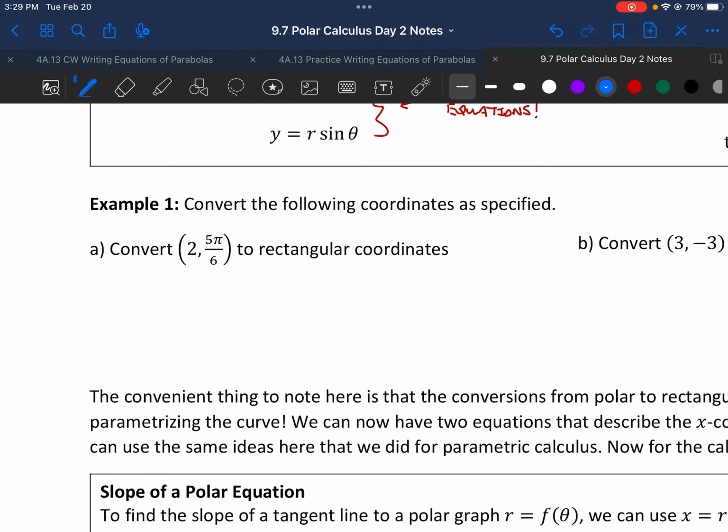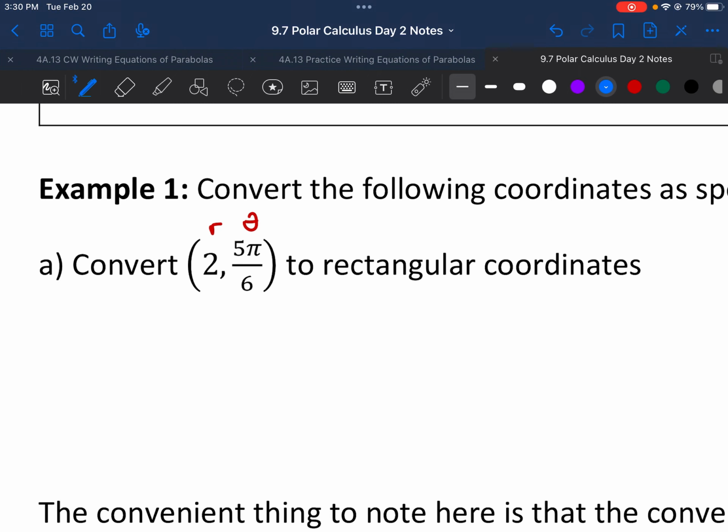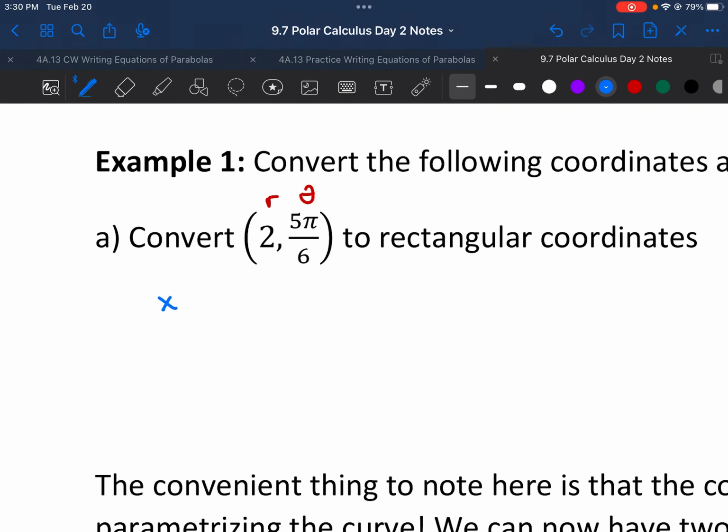So in example 1a, we want to convert the polar coordinate 2 comma 5 pi over 6 to rectangular coordinates. So 2 is r, 5 pi over 6 is our theta. If we want to convert it to rectangular coordinates, we know x equals r times cosine theta.